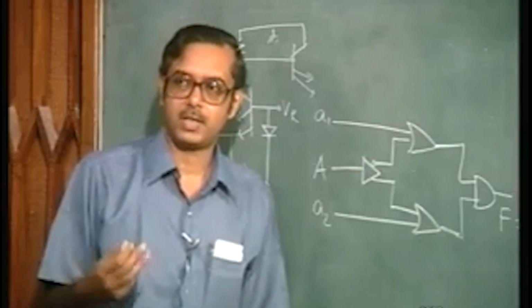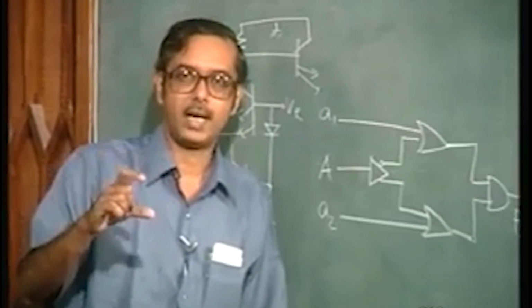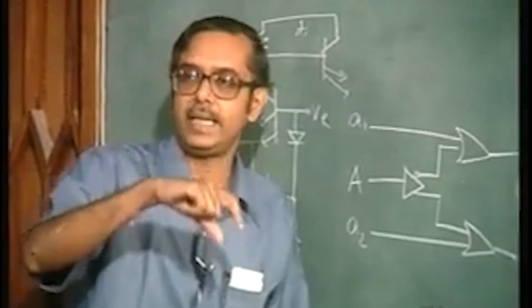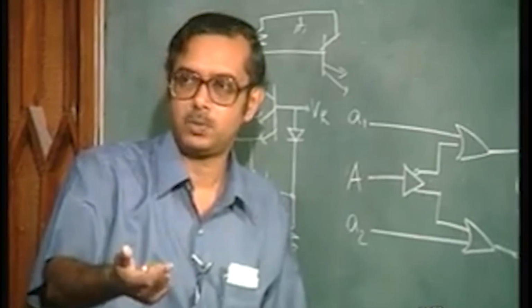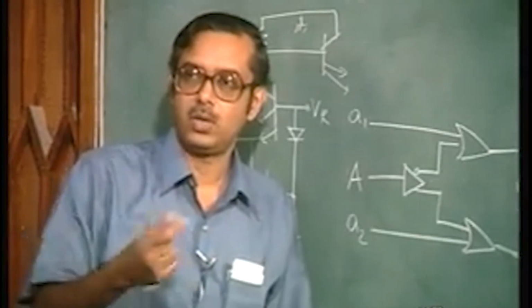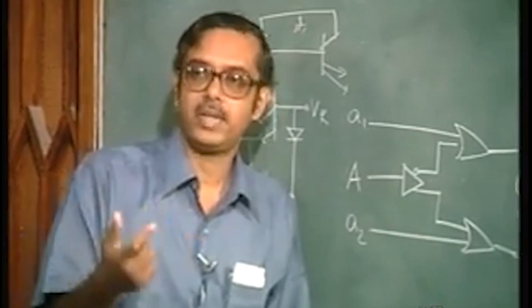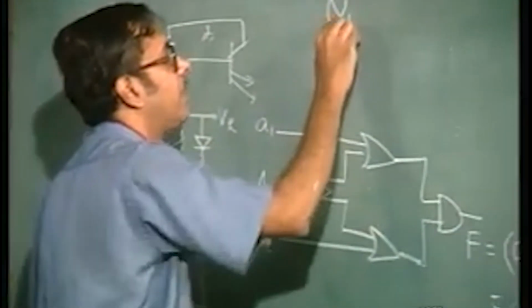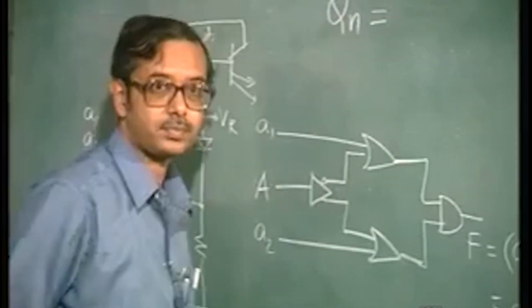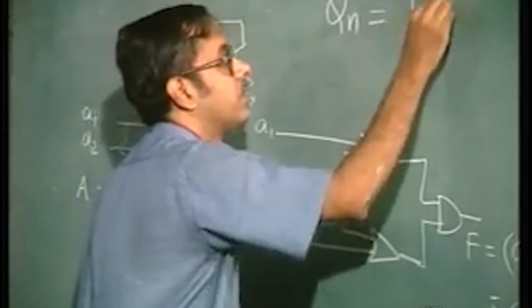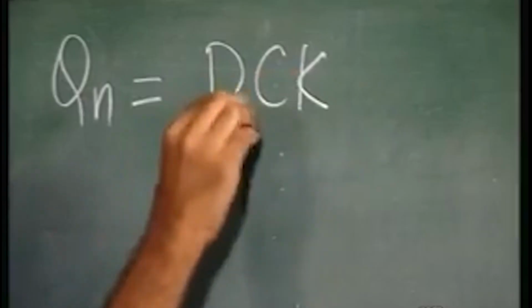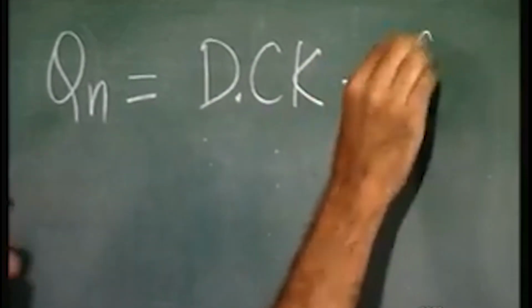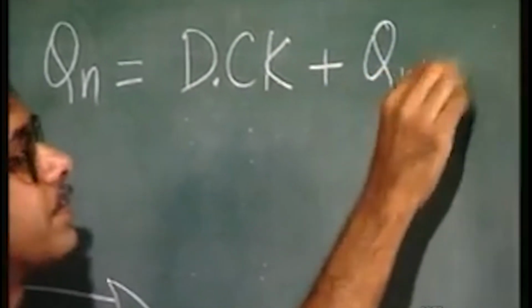The D flip flop function is that when the clock is high, whatever is the value at D should be passed on to the output, and when the clock is low, whatever was the previous output should be retained. So, we can write like this: Qn is equal to D into clock plus Qn minus 1 clock bar.